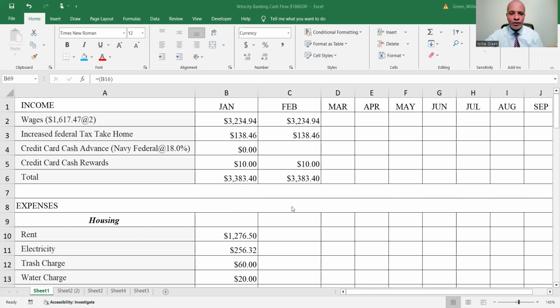What I'm using also is a cash advance from Navy Federal to complete this project. And I'm also including cash rewards. So on your credit card, you're receiving cash rewards. I transfer them into one account. Use that also for velocity banking in general.